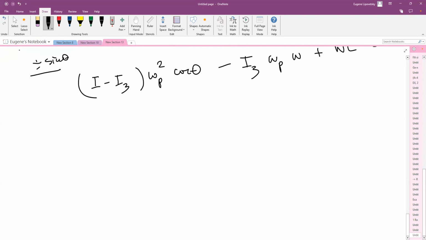So if sine theta is not 0, you'll get the following quadratic equation. Solve the quadratic equation for omega p.